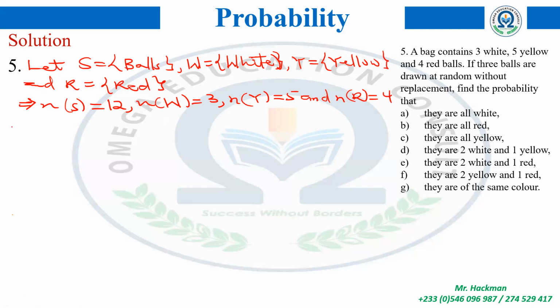So we come to A. Therefore, we are looking for the probability that they are all white.